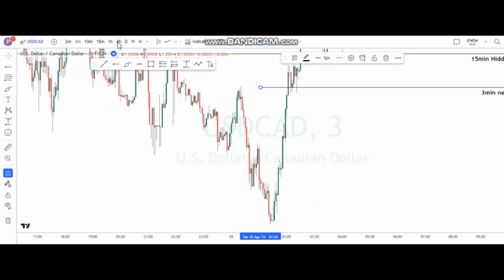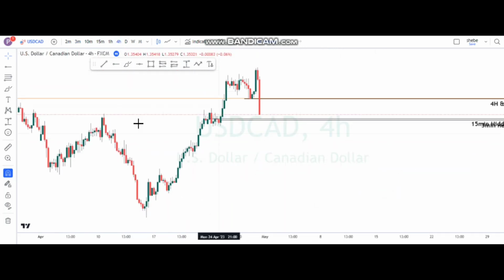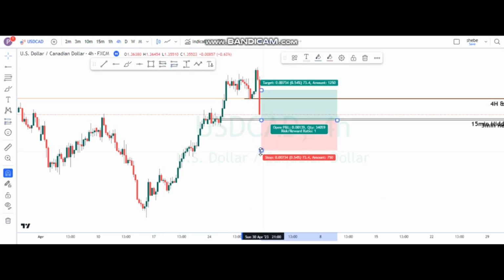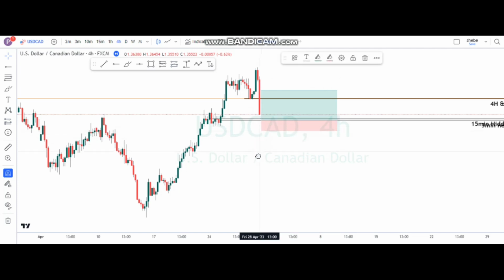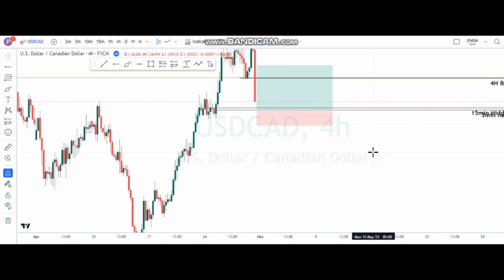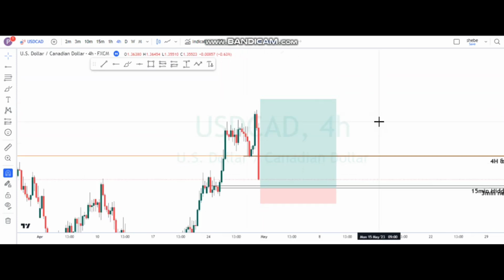Now let's go in and see how it happened. Did it obey or not? Our aim was to risk only 20 pips from here. Only 20 pips. And here almost 20 pips. Let's make it 25. Okay.